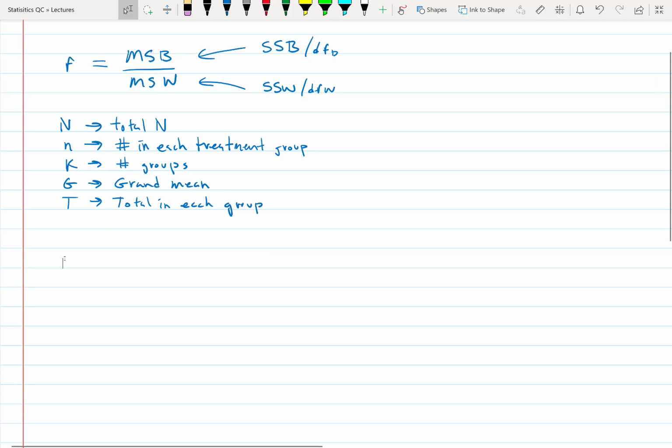Let's suppose that we have a new program designed to improve reading comprehension. We have three groups, Group A, Group B, and Group C. Group A is a control group. They just read some passages and are asked to answer some questions about those passages.